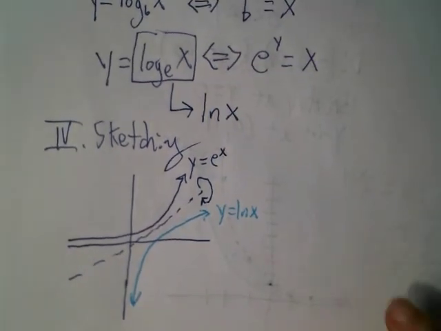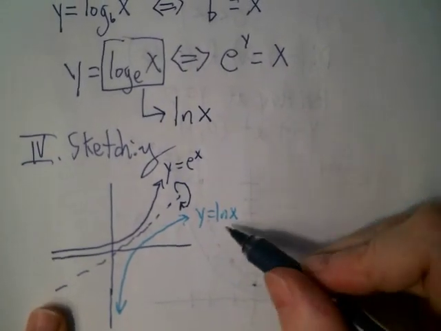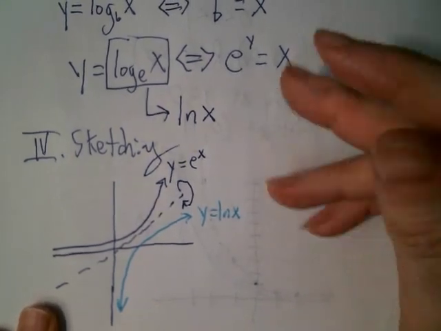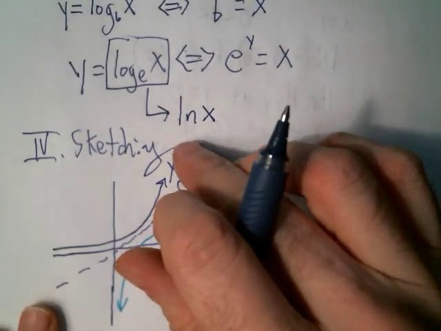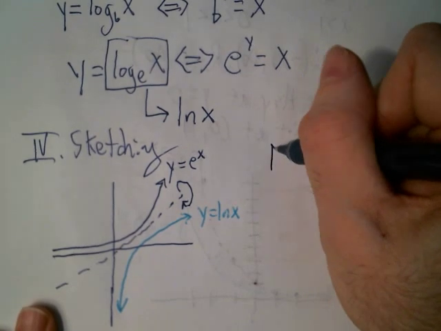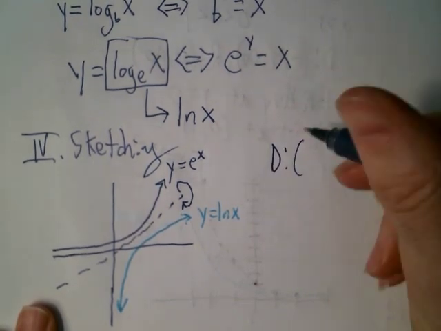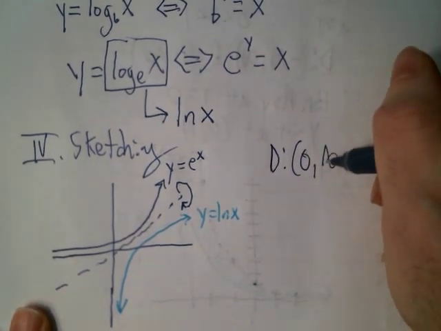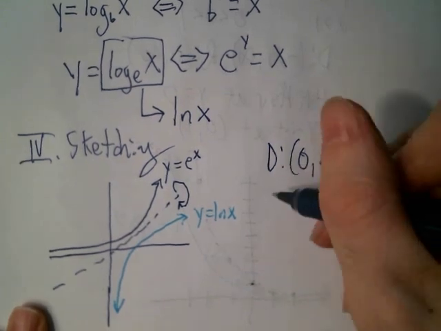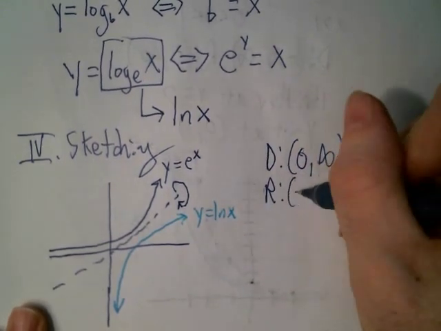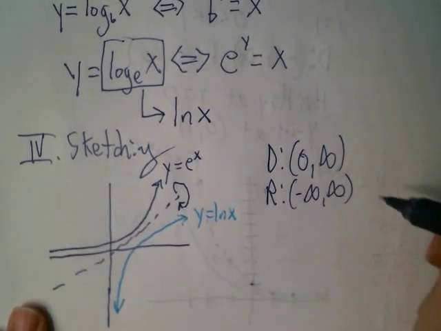The characteristics of the natural log will be opposite to the characteristics of the exponential. First off, its domain is the range of the exponential, from 0 to infinity. The range is from negative infinity to infinity.